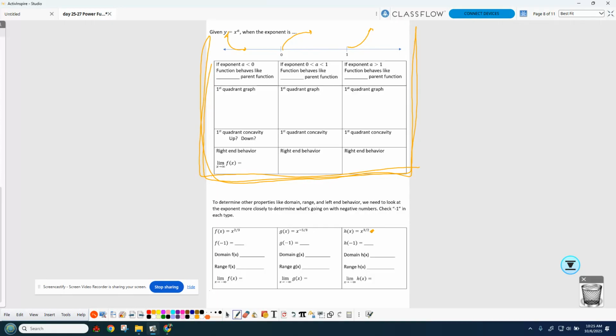So it's even. If it's 5. The numerator's even. Why is that?